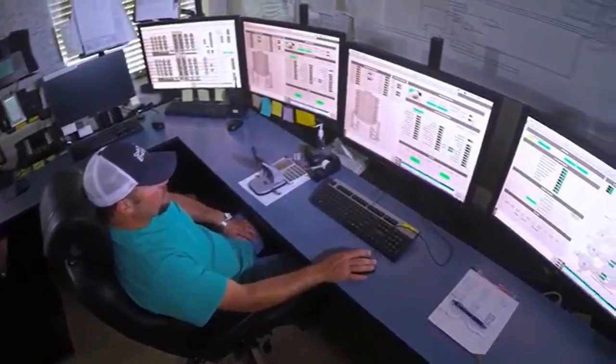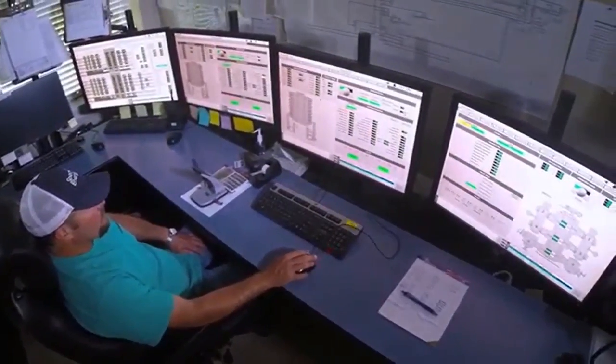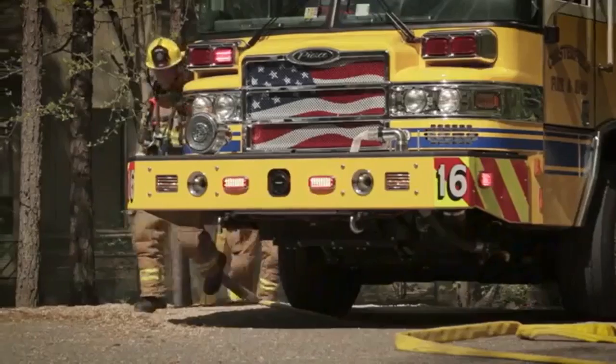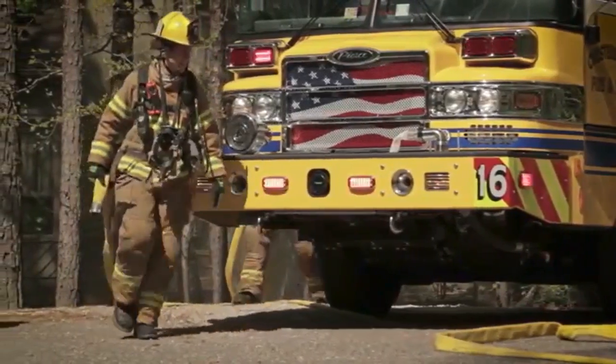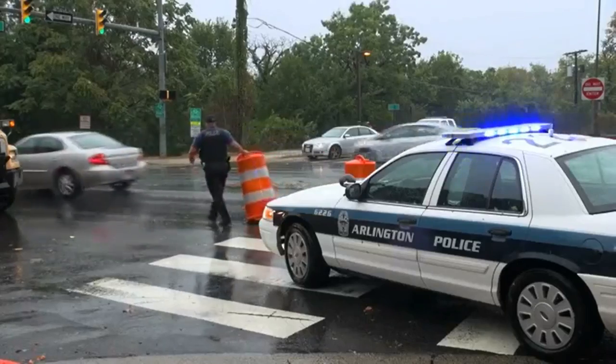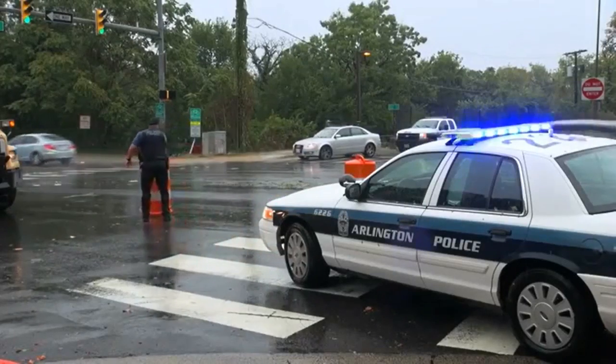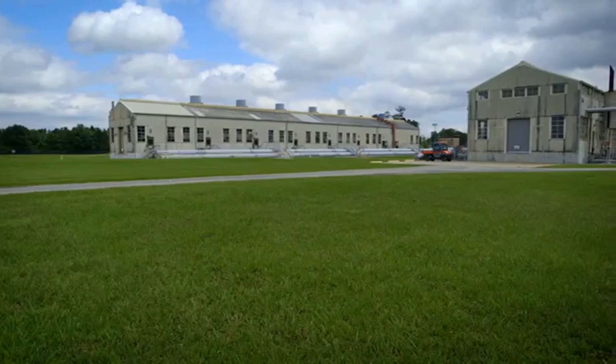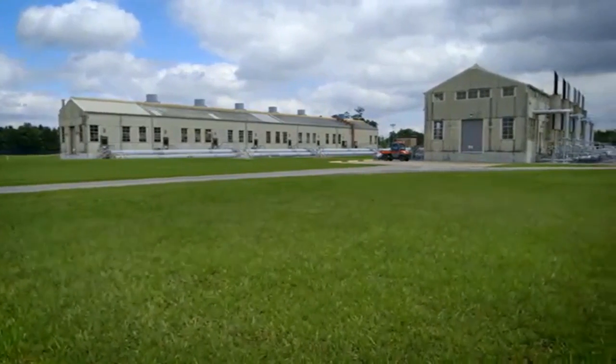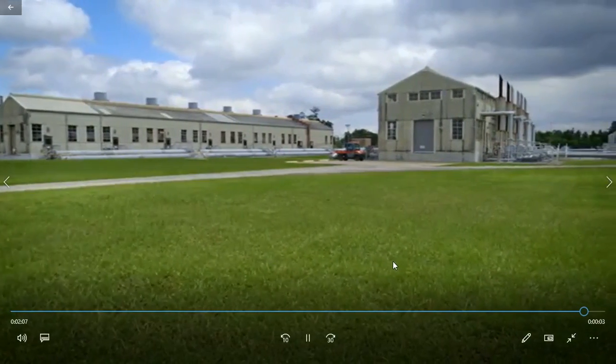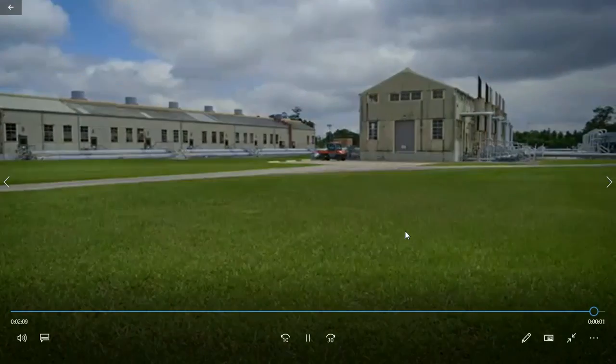They will remotely shut down the facility if necessary. Additionally, we work closely with first responders at all levels to ensure they're aware of our operations and can promptly assist the community in the unlikely event of an emergency. We do all this to ensure our compressor stations are operating just as they're designed, safely and reliably.